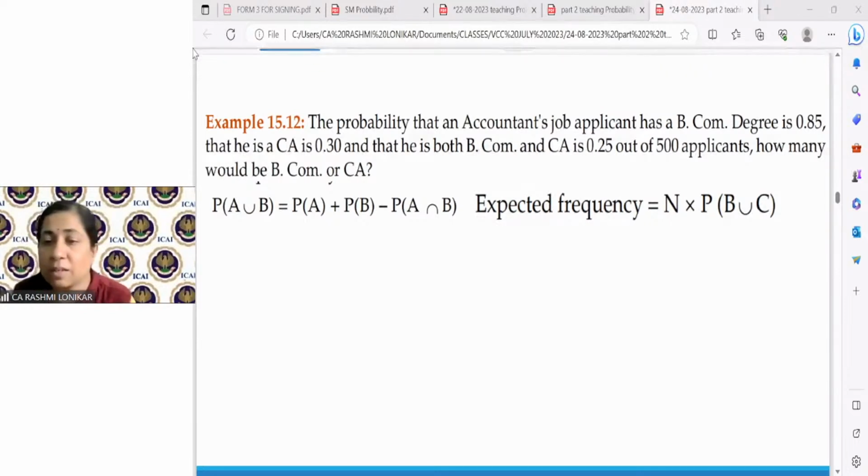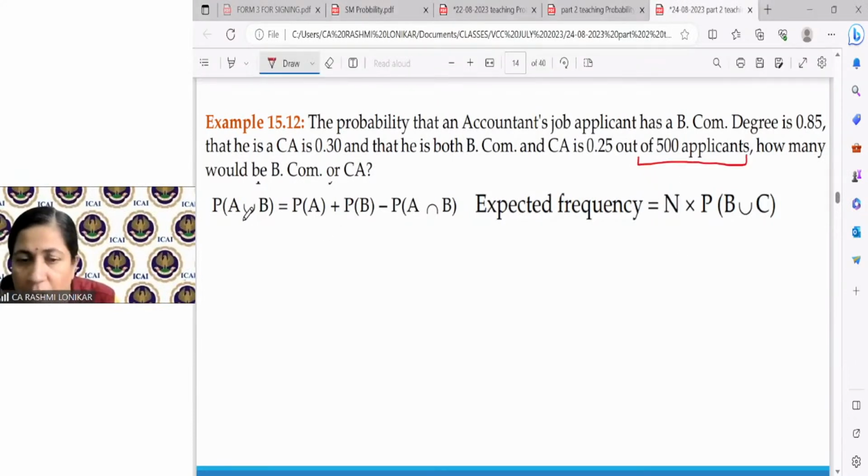The probability that an accountant's job applicant has a BCom degree is 0.85, and that he has a CA is 0.3, and that he has both BCom and CA is 0.25. Out of 500 applicants, how many? This phrase, out of 500 applicants, is very important, and we will touch upon it later.